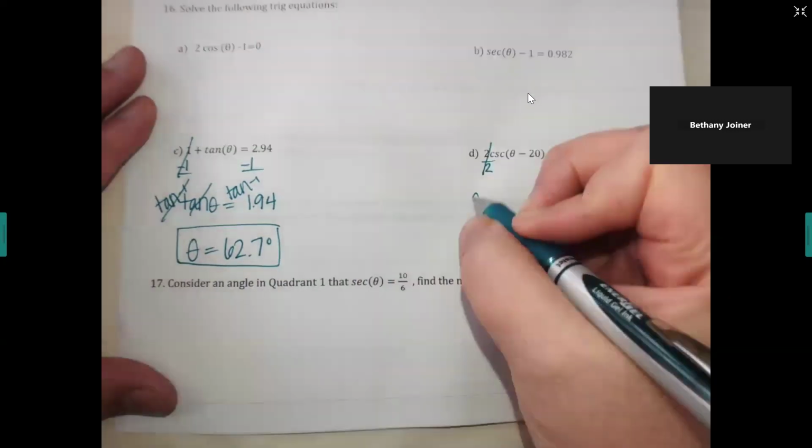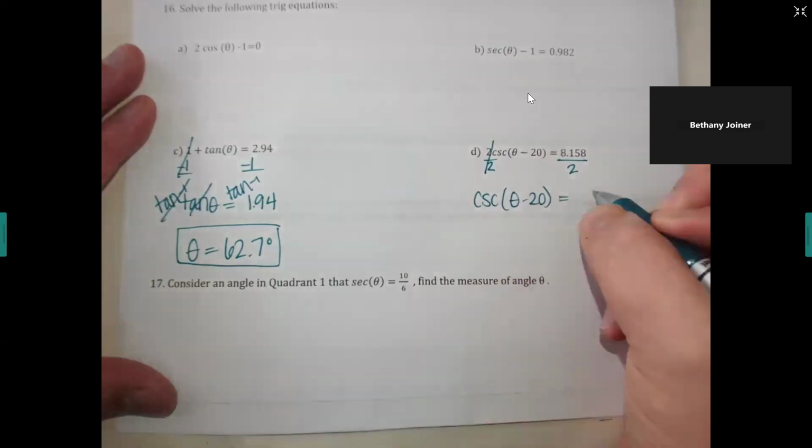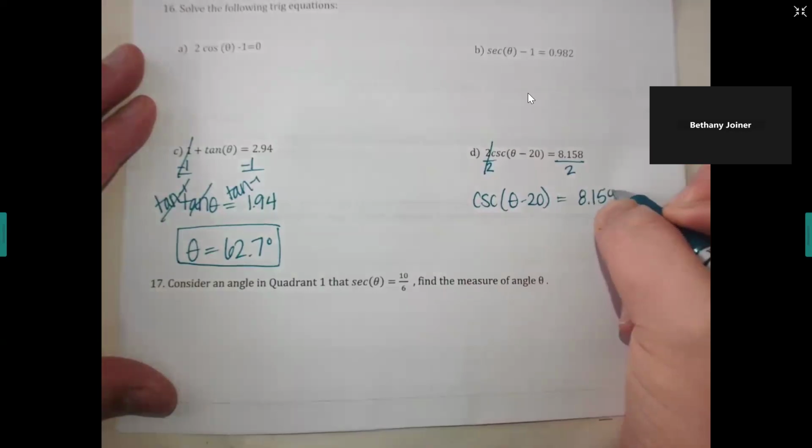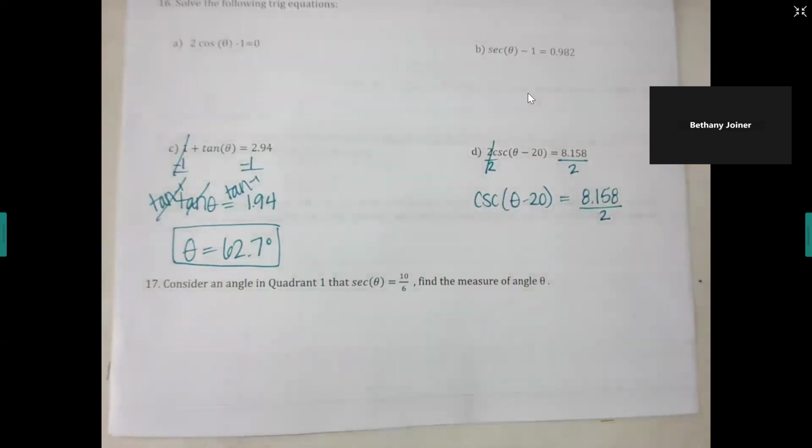So now you have csc(theta - 20) is 8.158 over 2. Okay, then to get rid of a csc, I would look at my calculator for a second csc, and I notice I don't have a button for this. That means we're going to have to flip both sides. Do you remember what csc goes back to?